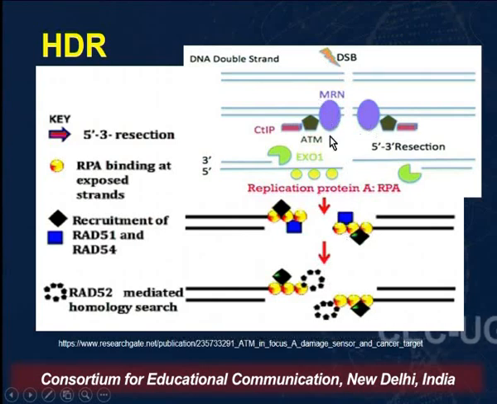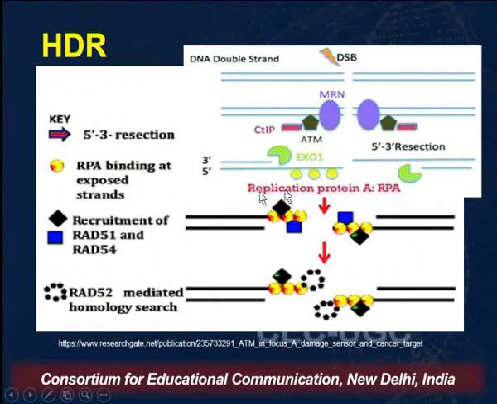So in HDR, various types of proteins, as you can see, come and lie at the ends wherever the double-stranded breaks are. They will identify these breaks. Certain nucleases will chop off in the 5' to 3' resection, and you will have single-stranded overhangs, as you can see here.